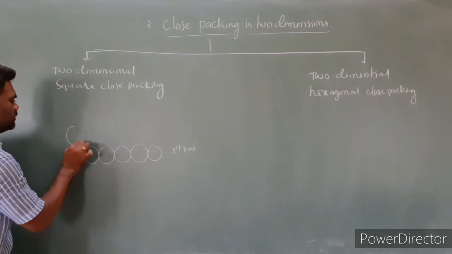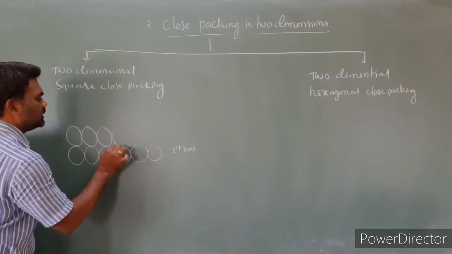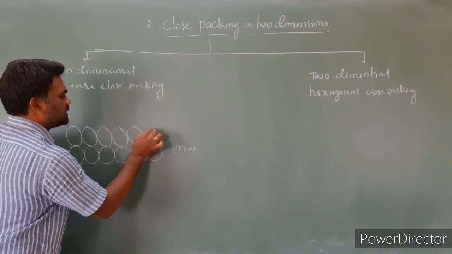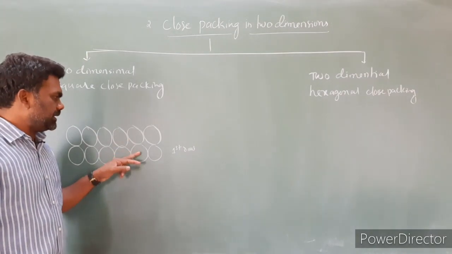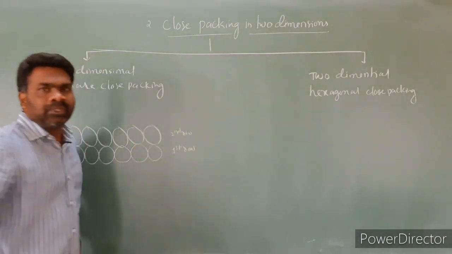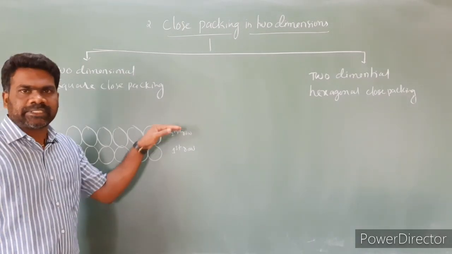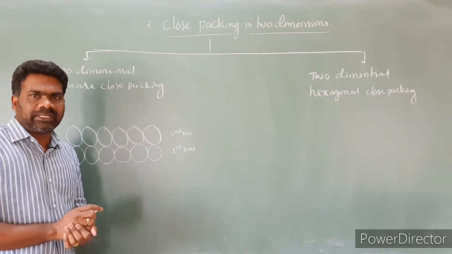So this is the second row. The spheres of the first row and second row are aligned horizontally as well as vertically.